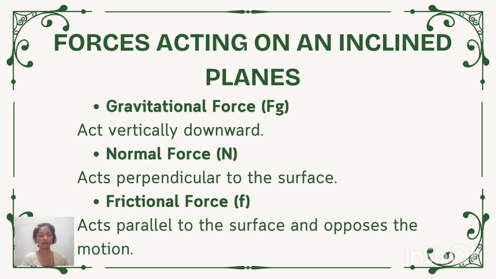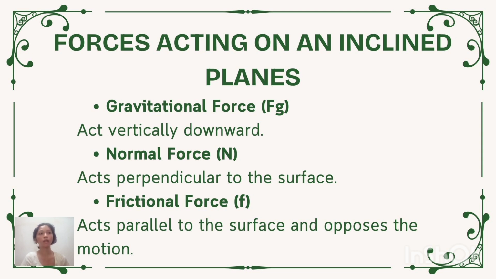It always acts vertically downward. Most of the time, gravity is straight downwards, and here on the inclined plane, it is also vertically downwards. Don't worry, we will see it in a diagram later.